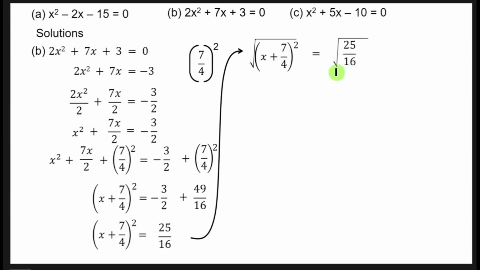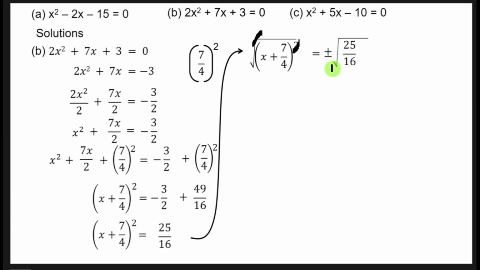So now after we square root the right side, we make sure that we cancel. This square root and this square will cancel. Then here, because we are square rooting, we introduce the plus and the minus sign. That's how it's supposed to be.